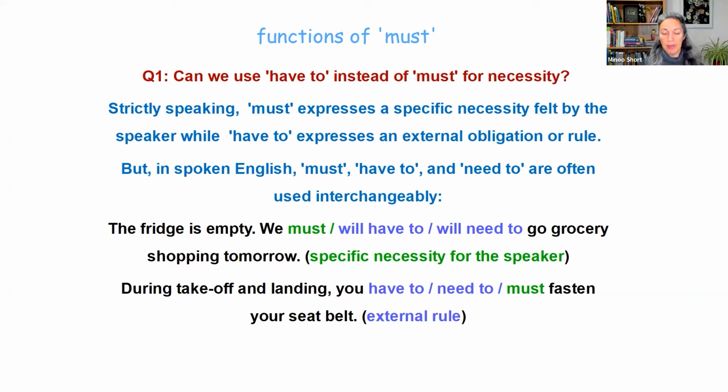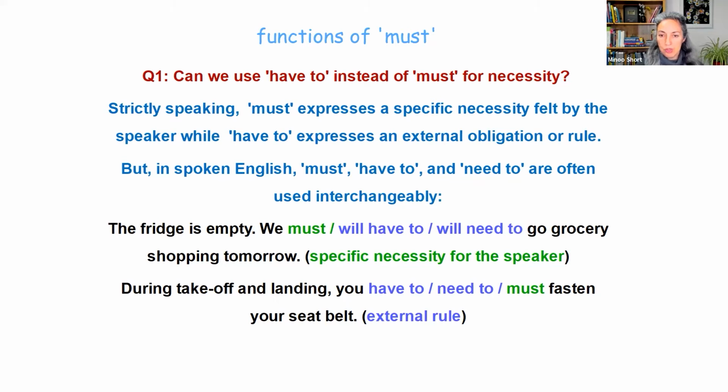For example, during takeoff and landing, you have to, you need to fasten your seatbelt. But again, because it's a positive idea, we can use must as well. So that's good news. You don't have to worry too much about, is it an external obligation? Is it a rule? If it's a necessity, whether it comes from you or from outside, you can use any of these three forms. So that's the good news.